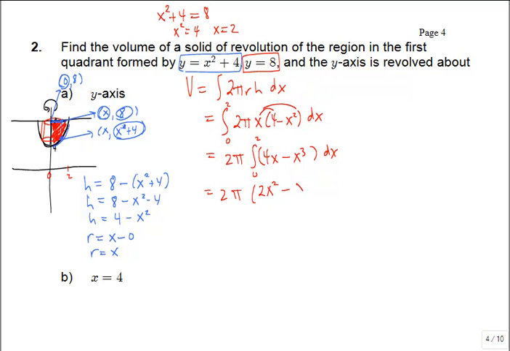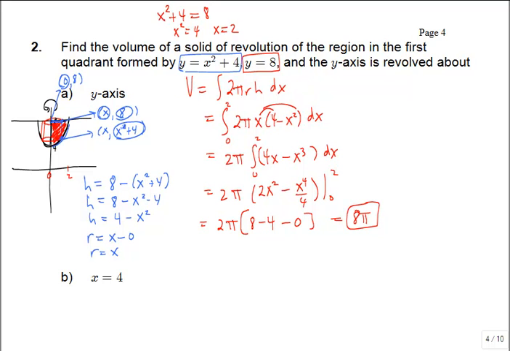And then x cubed becomes x to the 4th over 4, and we're going to plug in 0 and 2. So when I plug in 2, 2 squared is 4, 4 times 2 is 8, 2 to the 4th over 4 is just 4, and then I'm going to subtract 0. 8 minus 4 is 4, 4 times 2 pi gives me 8 pi. So there's my volume.